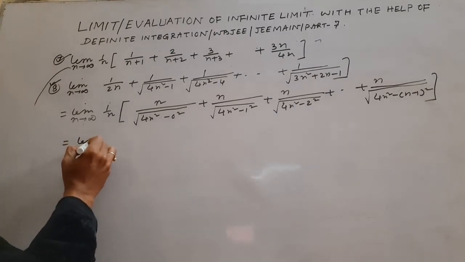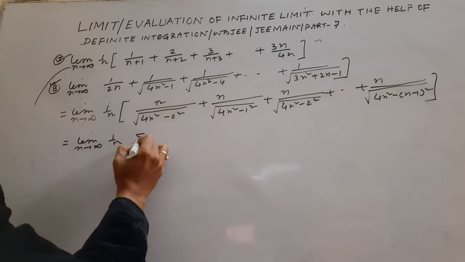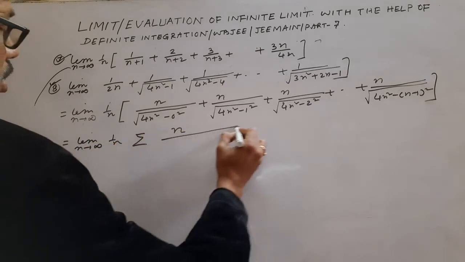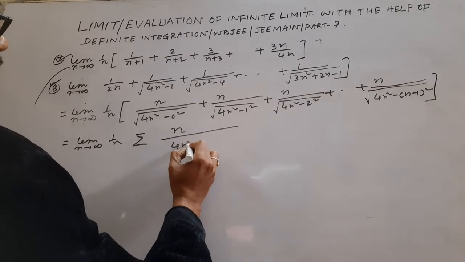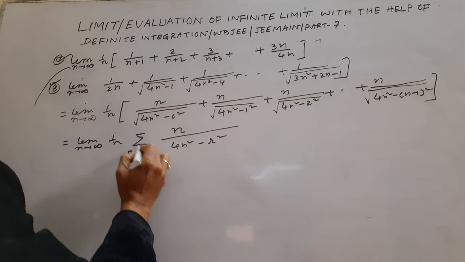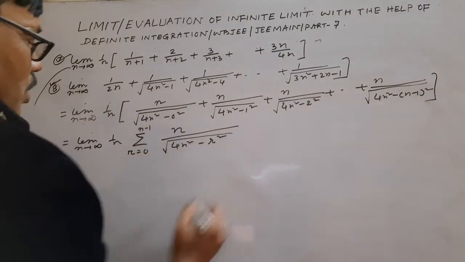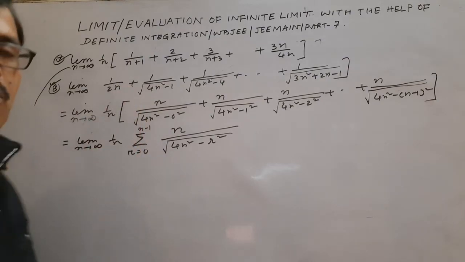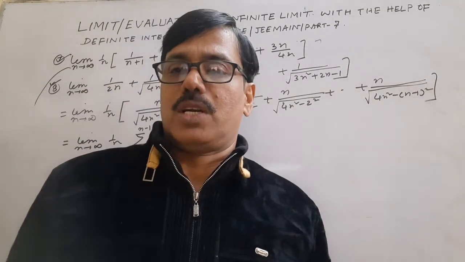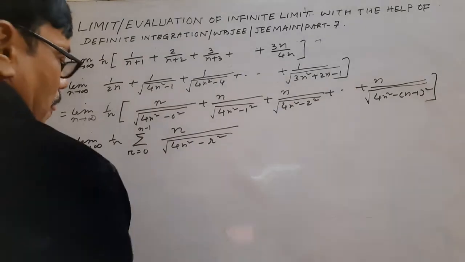Now express it in terms of summation. n is not changing, 4n square is not changing, this is r square. So r equals 0 to n minus 1. If it is 1 to n, the formula is 0 to 1. 0 to n minus 1, same formula.